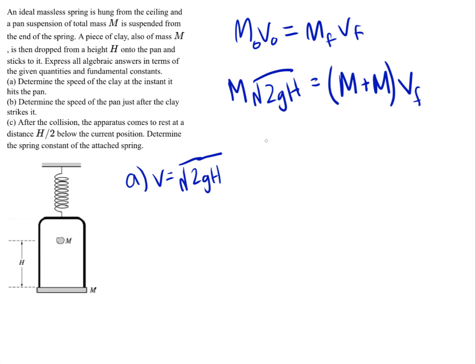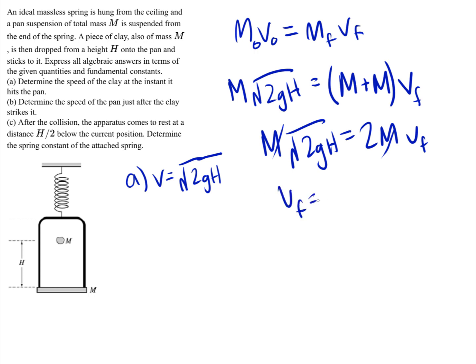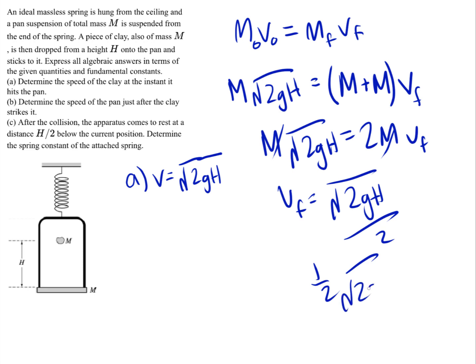This yields m times the square root of 2gh equals 2 times m times the final velocity. The masses cancel again, and the final velocity is equal to the square root of 2gh divided by 2, or you can say it's 1/2 times the square root of 2gh.